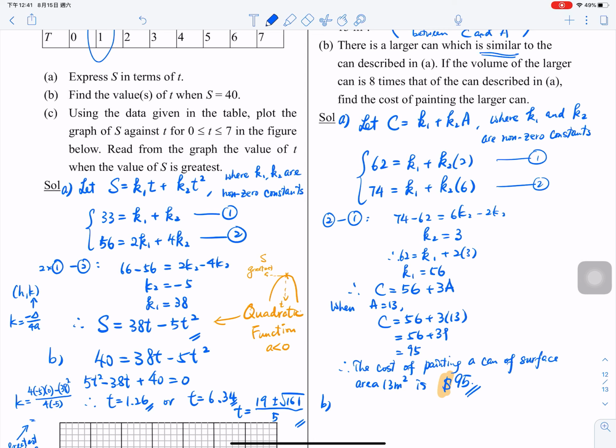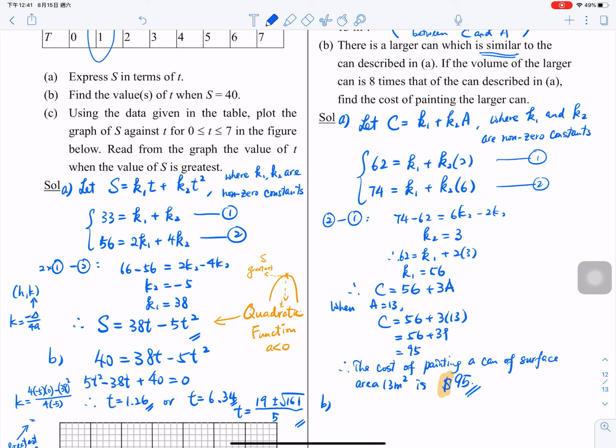Okay, so you need to use some ratio to help you later. The volume of the larger can is 8 times that of the can described in A. Find the cost of painting the larger can.